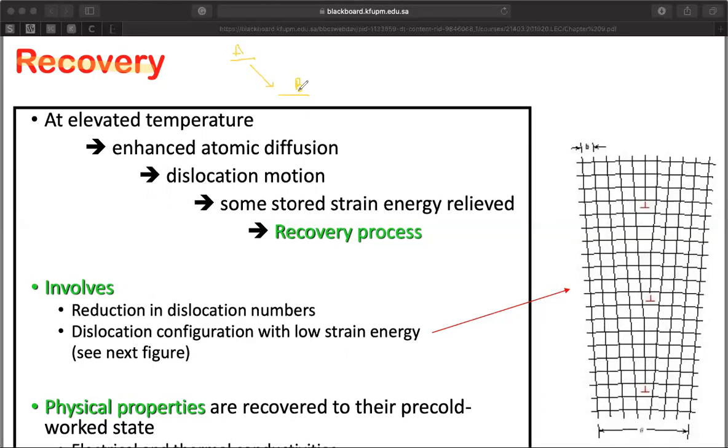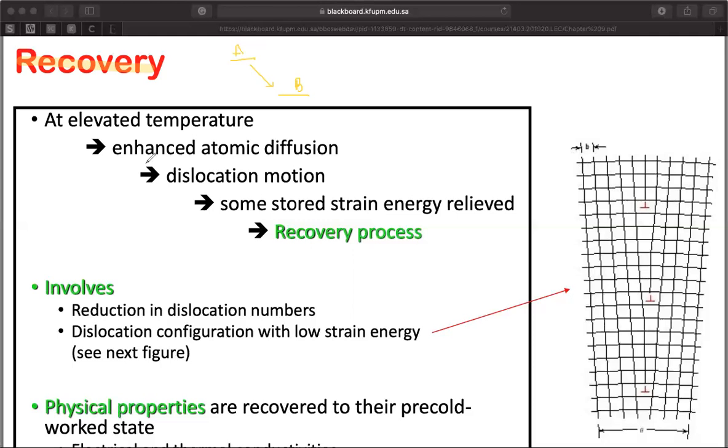The material will utilize this energy in order to move from state A to state B. And to do so, as you're heating up the material, the atoms will be energized to diffuse from one position to another. The material will reorganize itself in order to minimize energy to go from A to B.